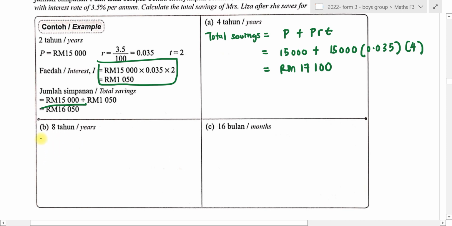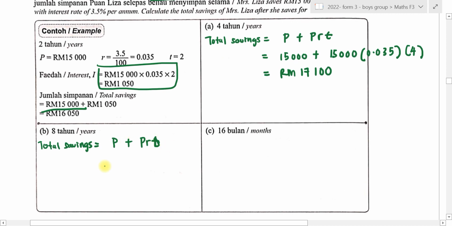Now, if it is 8 years, total savings. Ready Shadwin? I want your answer. P plus PRT. So 15,000 plus 15,000 multiplied by 0.035, multiplied by the time, 8 years.